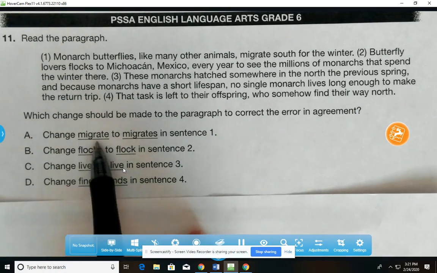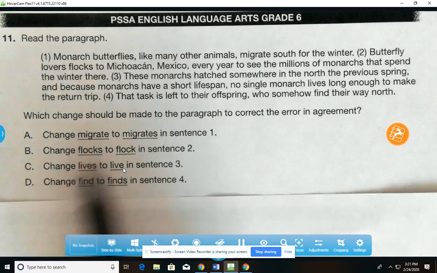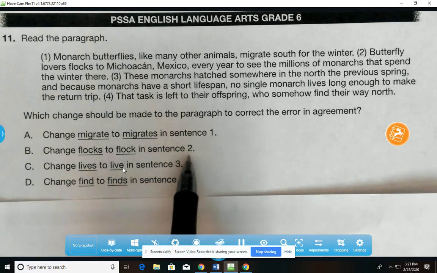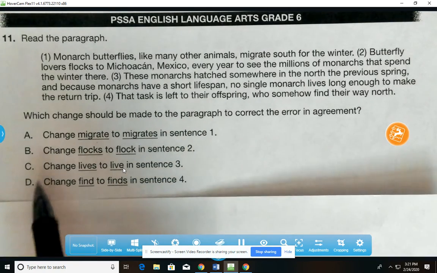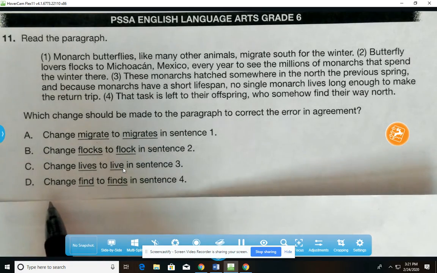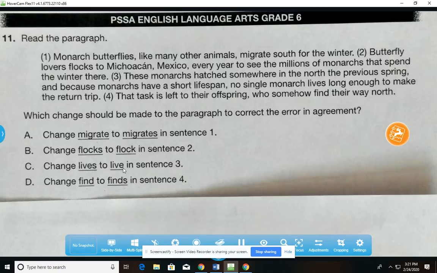Is it A, change migrate to migrates in sentence 1? Is it B, change flocks to flock in sentence 2? Is it C, change lives to live in sentence 3? Or is it D, change find to finds in sentence 4?